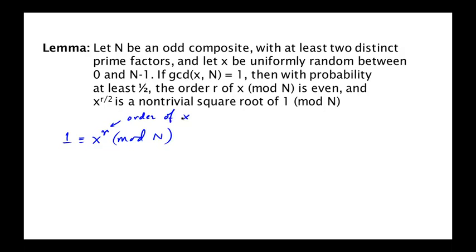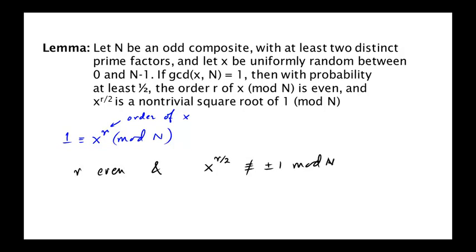So now what this lemma is telling us is, if we pick x at random, then half the time we'll be in the good case where r is even and x to the r over 2 is not congruent to plus or minus 1 mod n.